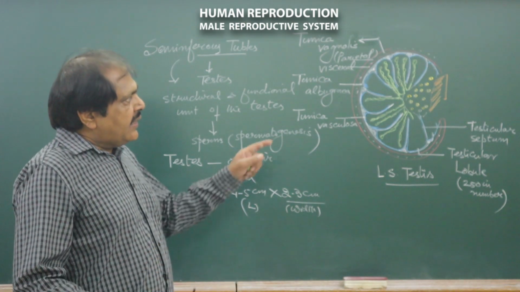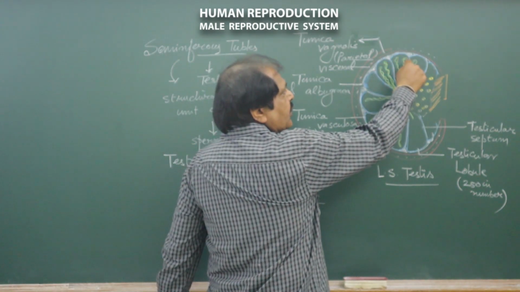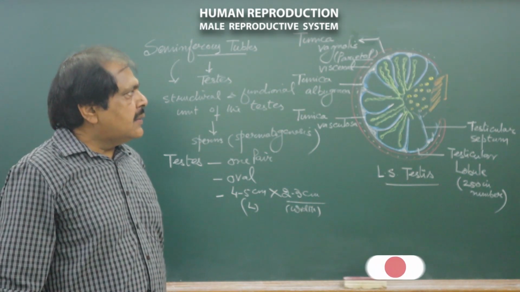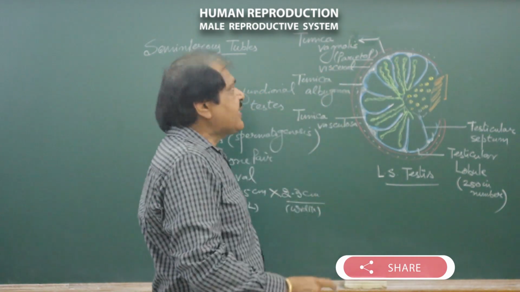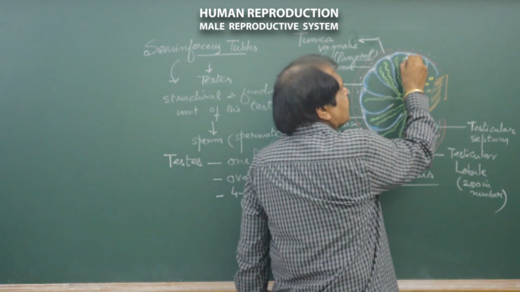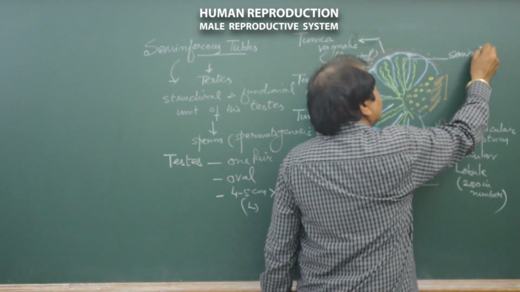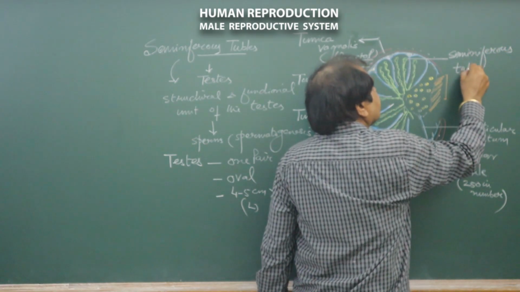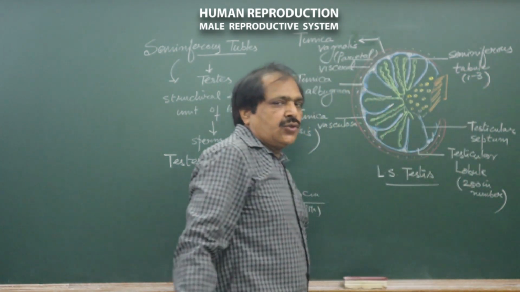Now, each testicular lobule contains 1 to 3 coiled structures. These are the coiled structures about which we are going to talk right now, seminiferous tubule. 1, 2, 3 in each testicular lobule.